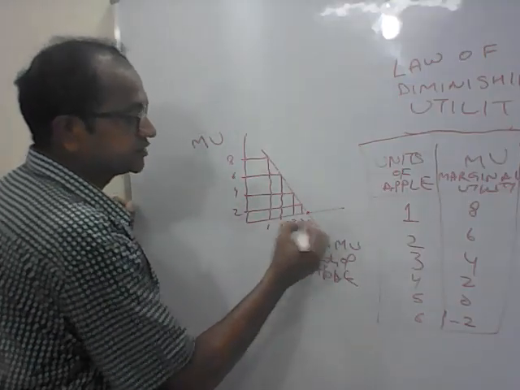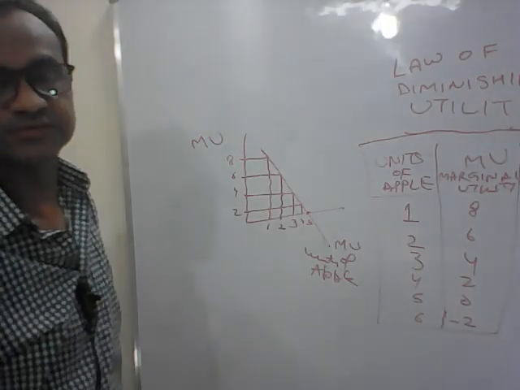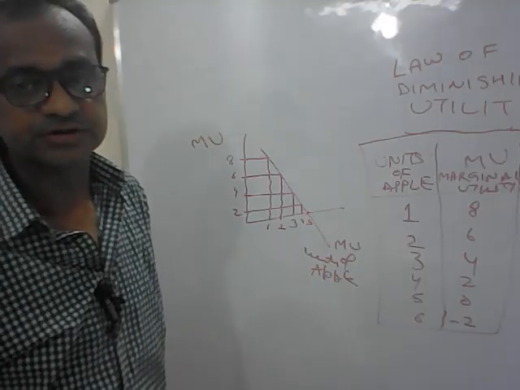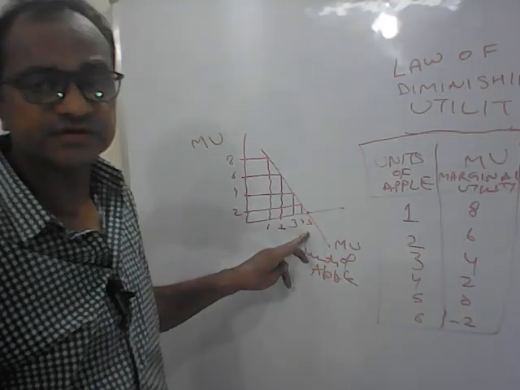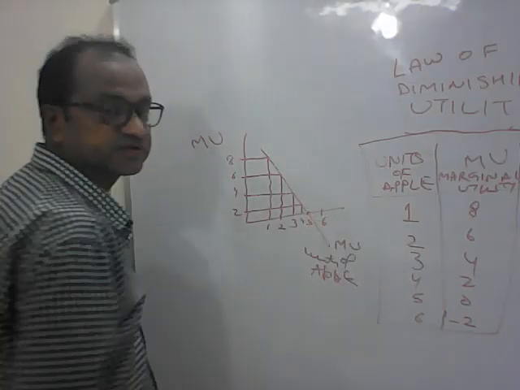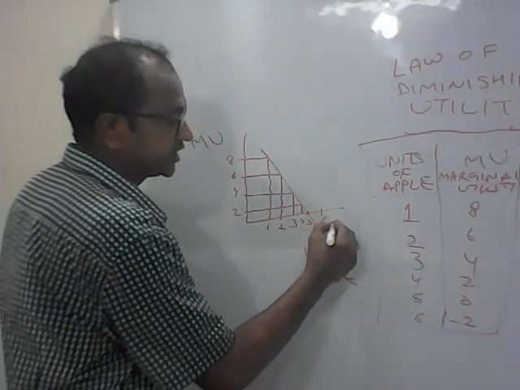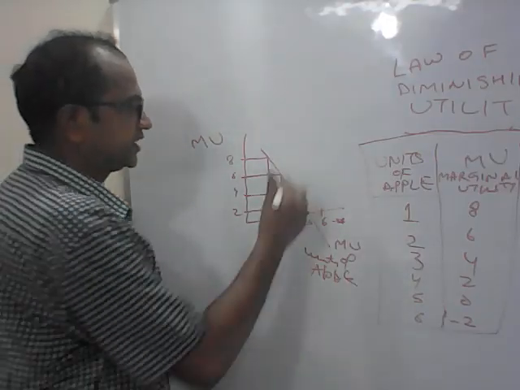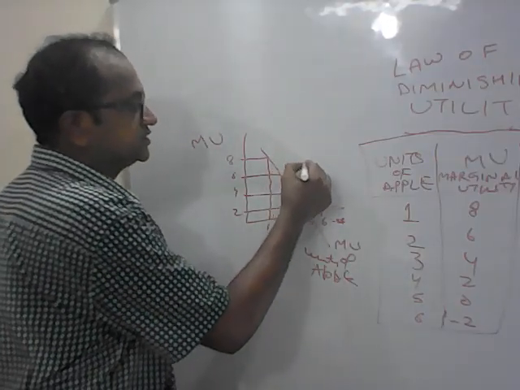On the fifth unit, he is fully satisfied and gets 0 satisfaction. If he consumes even the sixth unit, he gets negative utility. It can be derived that marginal utility is decreasing.